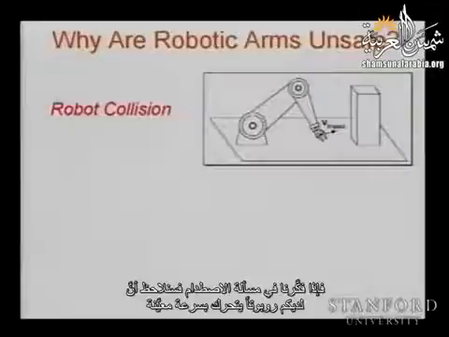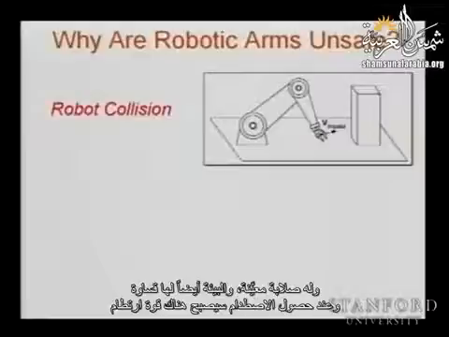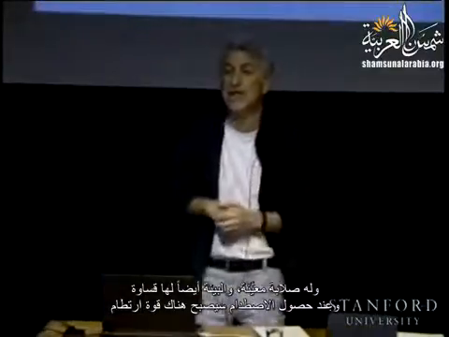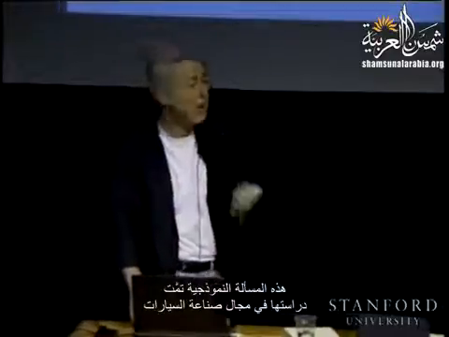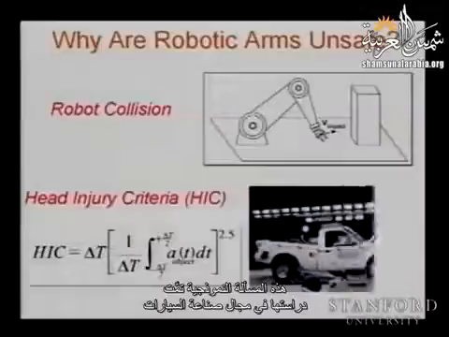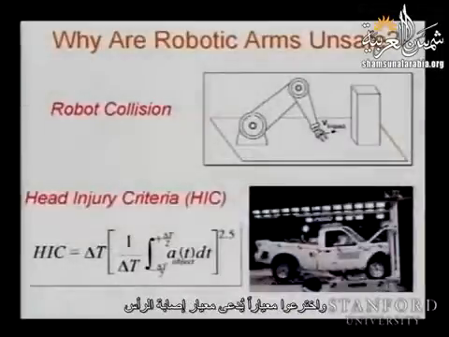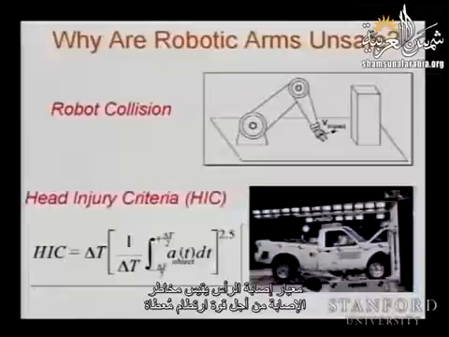So if we think about the problem of collision, we see that essentially you have a robot moving at some speed. It has some stiffness, the environment has some stiffness, and when you have a collision, you are going to have an impact force. This typical problem was studied in the automobile industry, and they came up with a criteria called the head injury criteria. The head injury criteria measures the risk of injury given the impact forces.